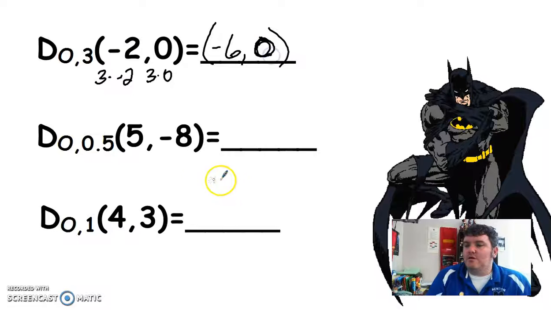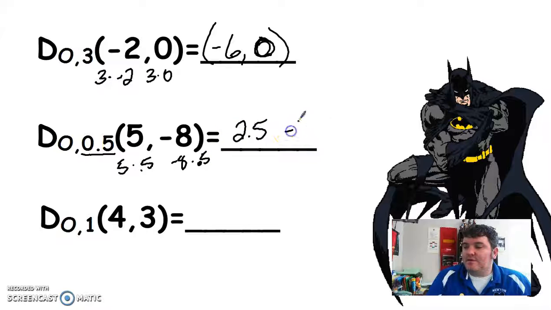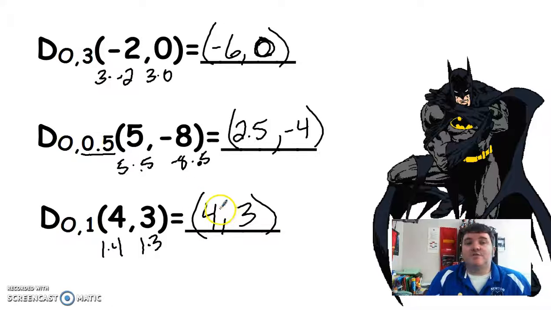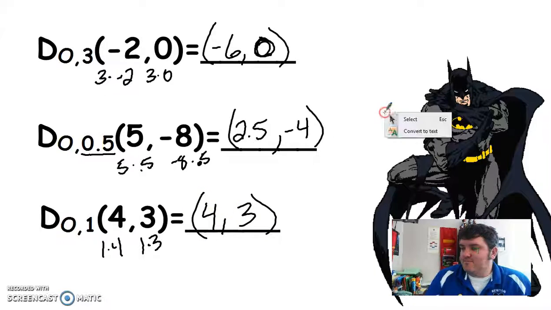If I took these and I am multiplying by a scale factor of 0.5, that would be 5 times 0.5 and -8 times 0.5. That would give me 2.5 and -4. This last one I'm multiplying by a scale factor of 1. So 1 times 4, 1 times 3. Doesn't change anything because a scale factor of 1 means it didn't get enlarged, it didn't get reduced. It stayed exactly the way it was.